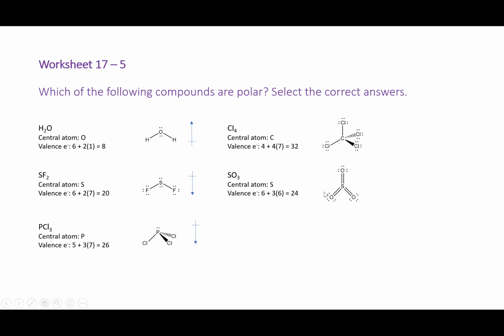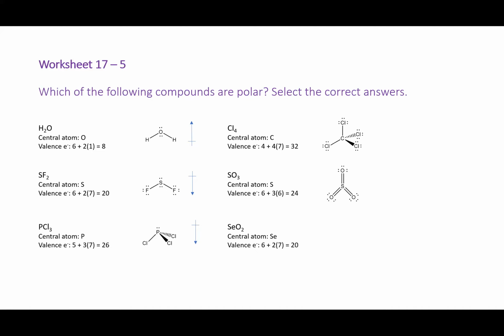Our oxygens are going to be more electronegative compared to our sulfur. But again, similar to the CI4, they're going to be pointed in 3 different directions, all in equal magnitude, so they're going to all cancel out. So we don't have an overall dipole moment, so this molecule is not polar.